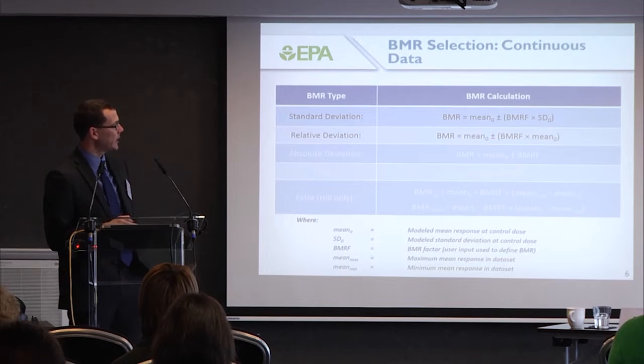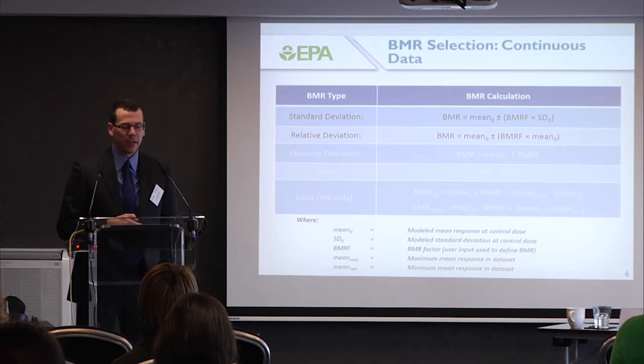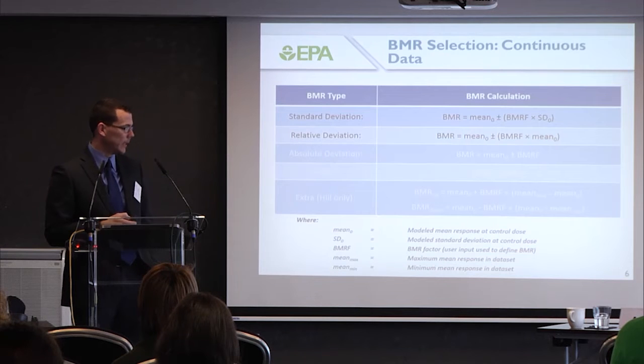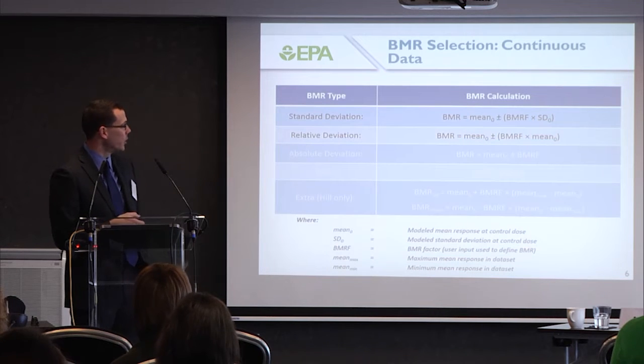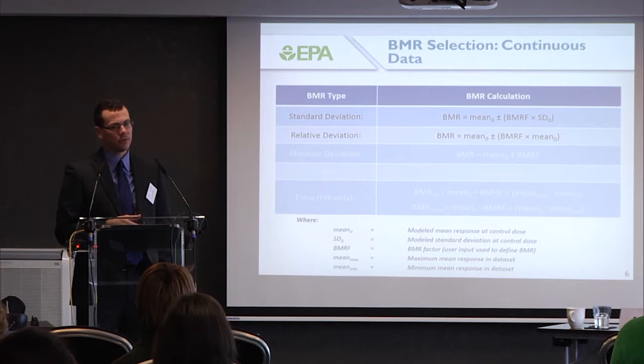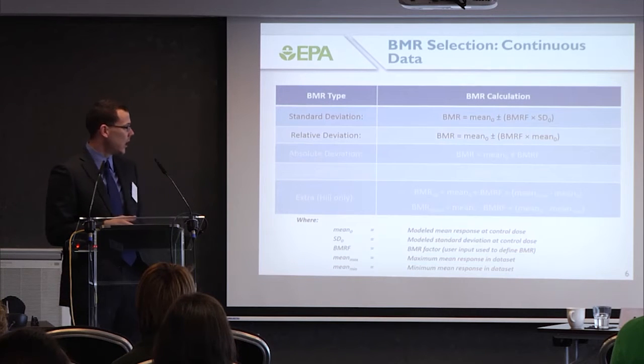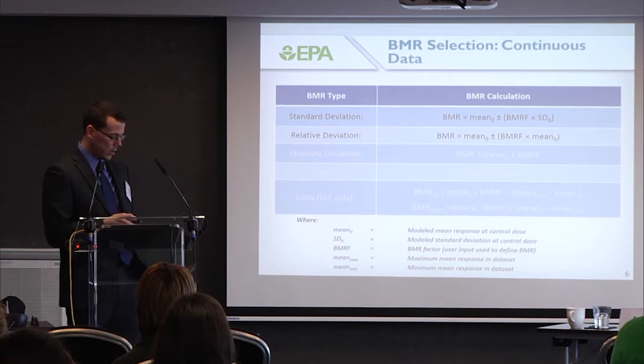For continuous data, this is where EFSA and EPA currently disagree or have different standards. In BMDS, there are a number of BMRs that you can use for continuous data. Overwhelmingly, though, you're going to see standard deviation or relative deviation used.